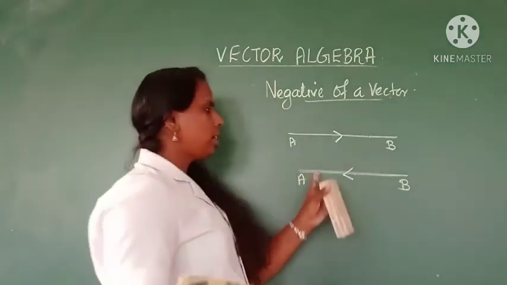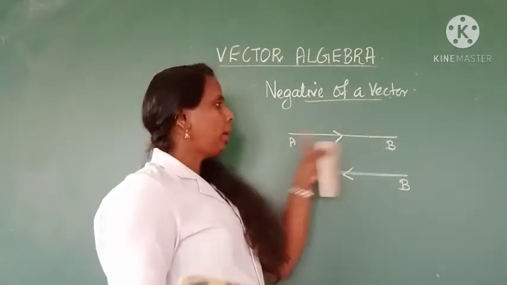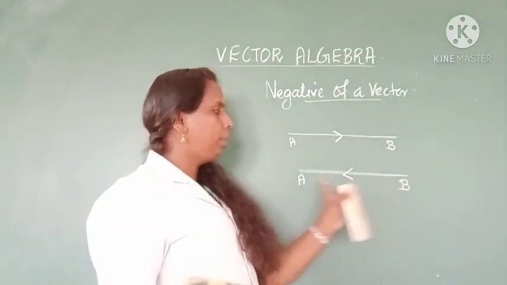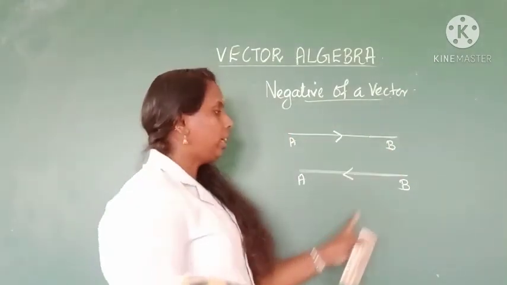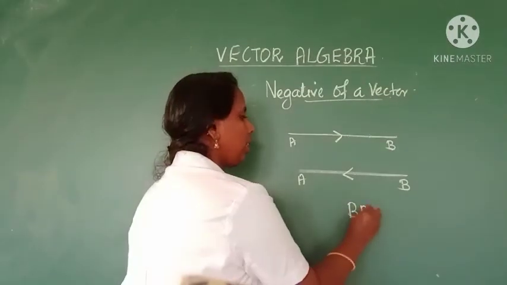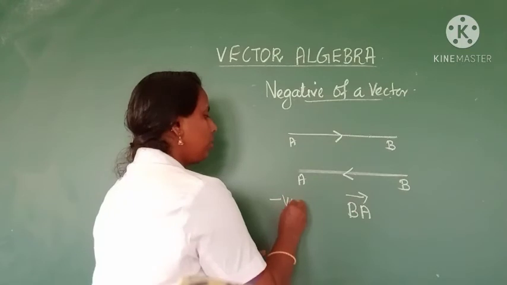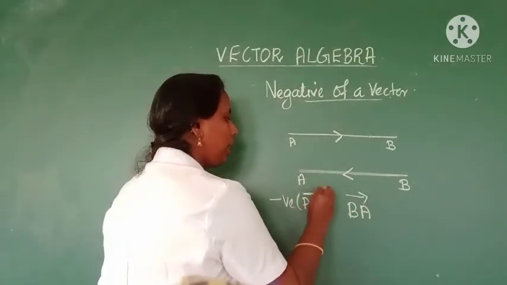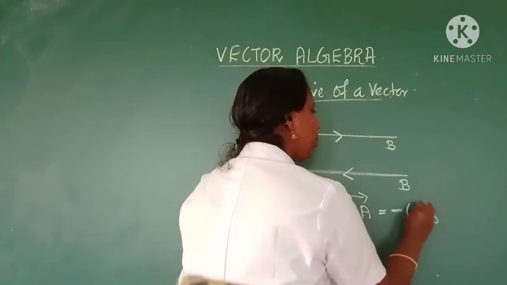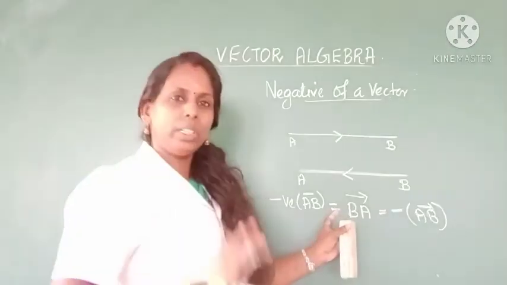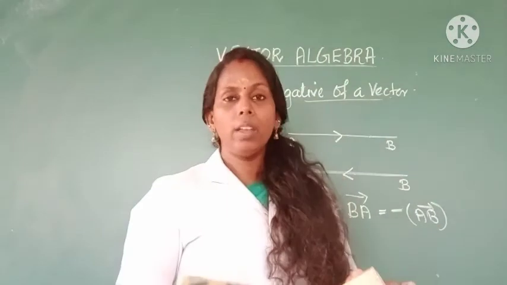Here the direction is from A to B. Here it is from B to A. So the negative of vector AB is vector BA. Vector BA is the negative of vector AB, and BA can be written as negative of AB. So the direction changes. That's all about the negative of a vector.